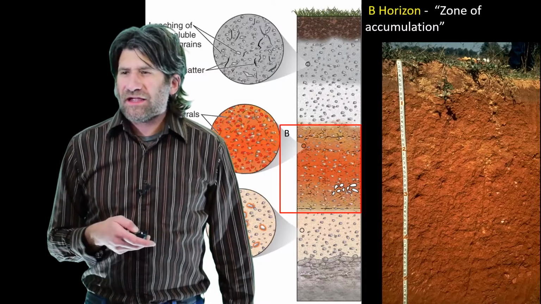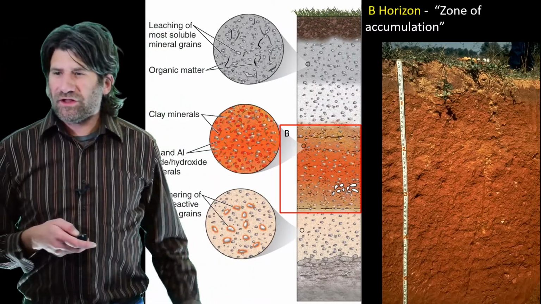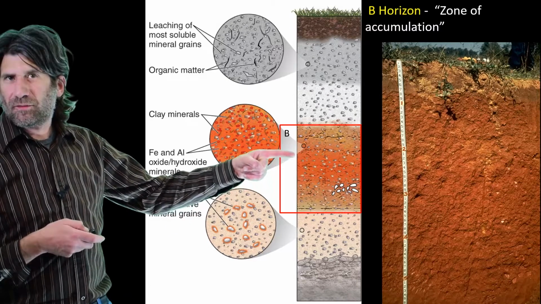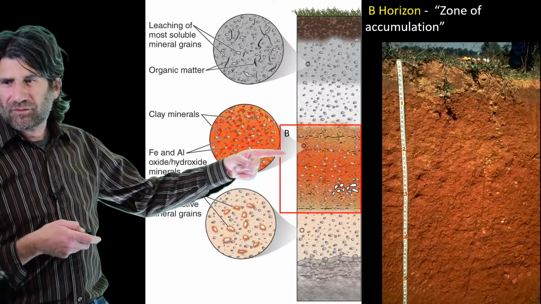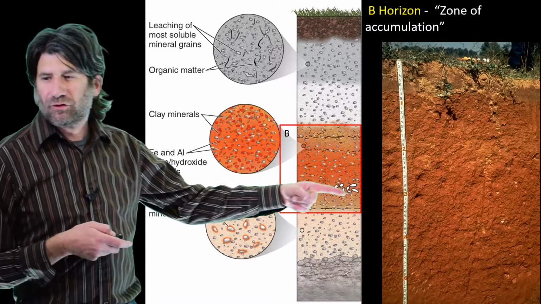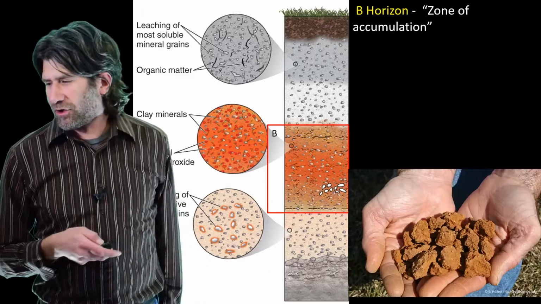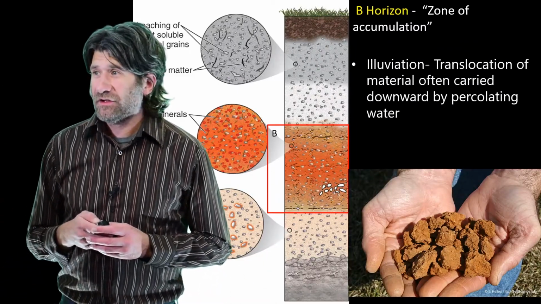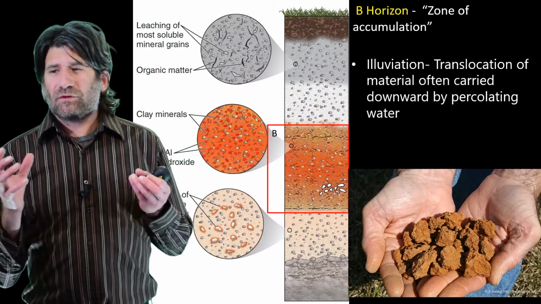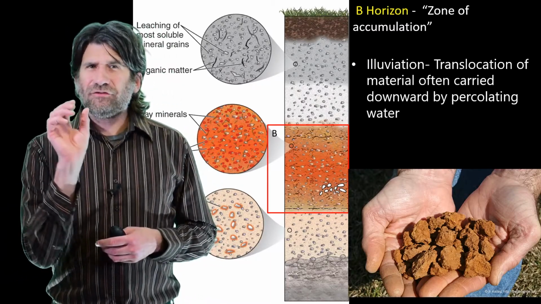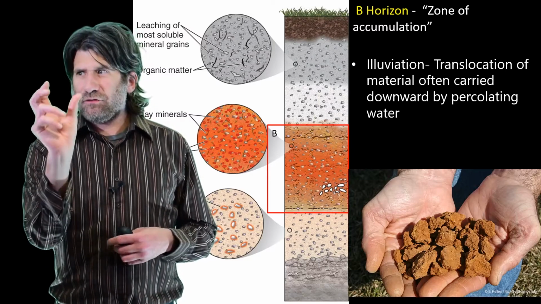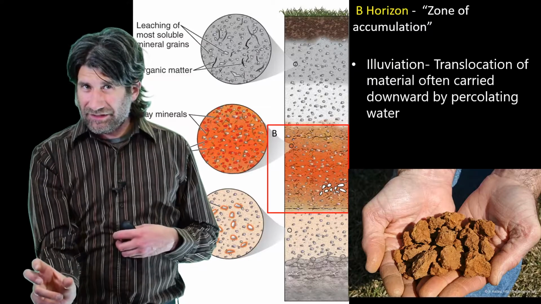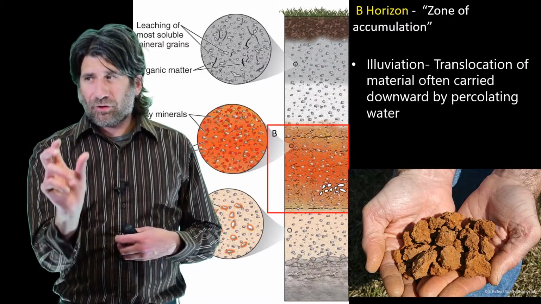Okay, below that we have that B horizon, the zone of accumulation, and there's just some pictures here showing some of that red material, if we've got some secondary minerals, some iron oxides that are accumulating, or some white materials, some calcium carbonate. So that's the zone of accumulation for the E horizon. With our eluviation, that eluviated material is moved down, and eluviation is the transport of that material out of the E horizon, and it's done by percolating water.